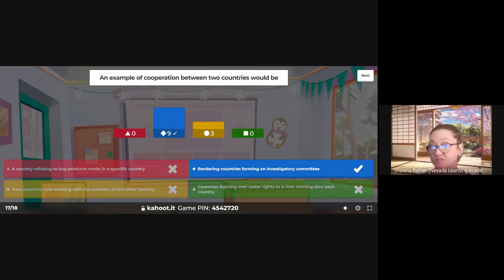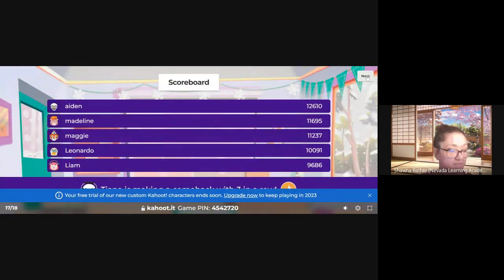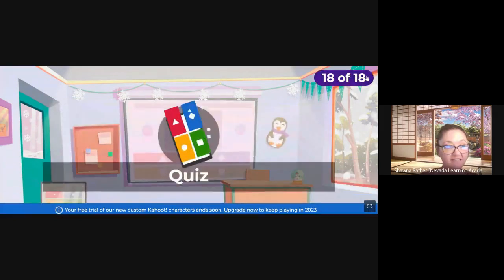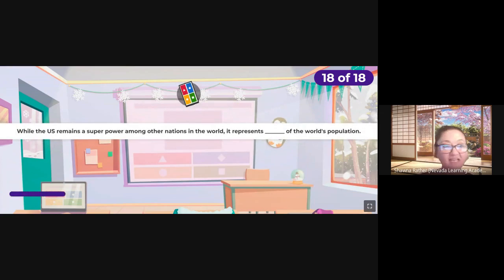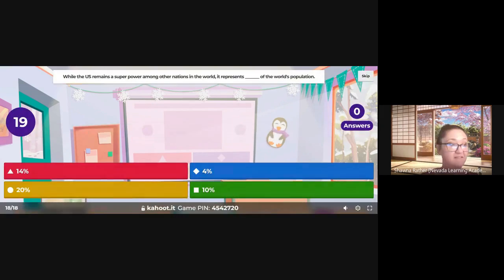They're working together. That's cooperation. Oh, Aiden's still in the lead. Oh, we're on our last question. The U.S. remains a superpower among nations. It only represents what percentage of the world's population?